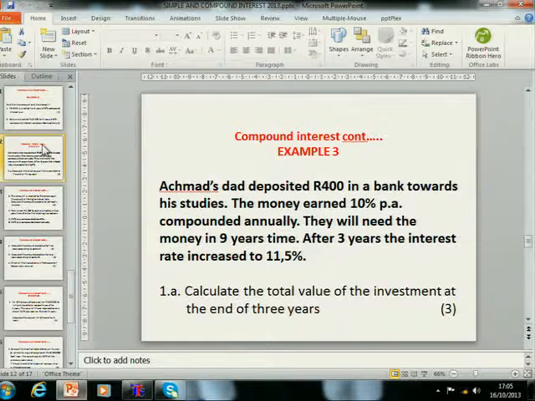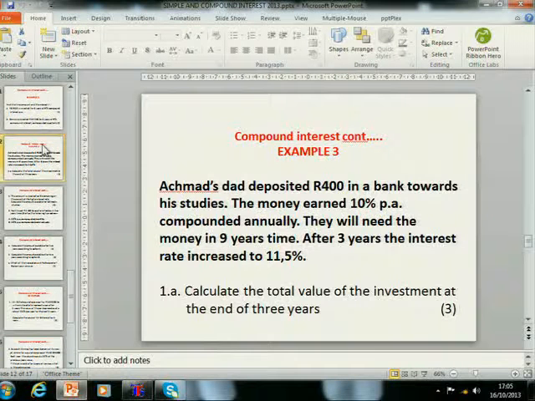Ahmad's dad deposited 400 in a bank towards his studies. The money earned 10% per annum, compounded annually. They will need the money in 9 years' time. After 3 years, the interest rate increased to 11.5%. Calculate the total value of the investment at the end of 3 years.